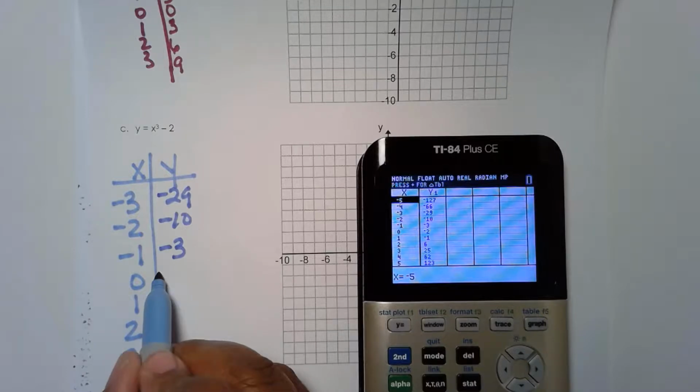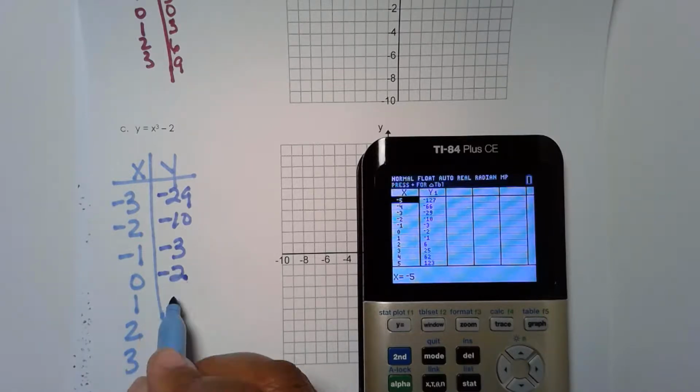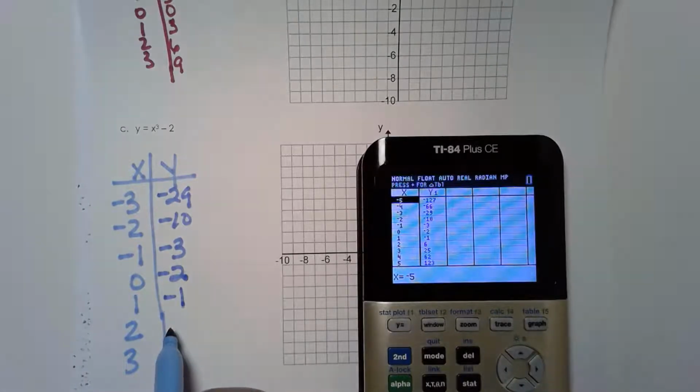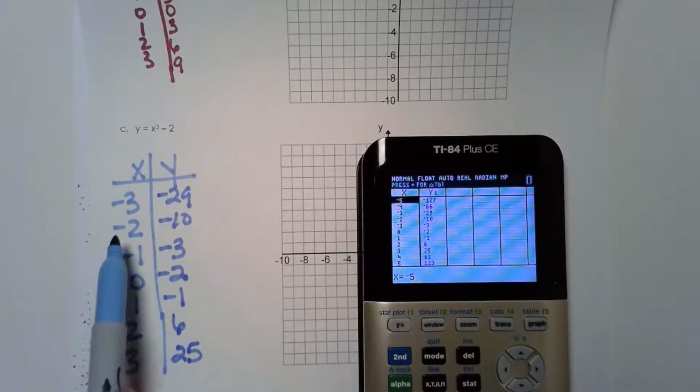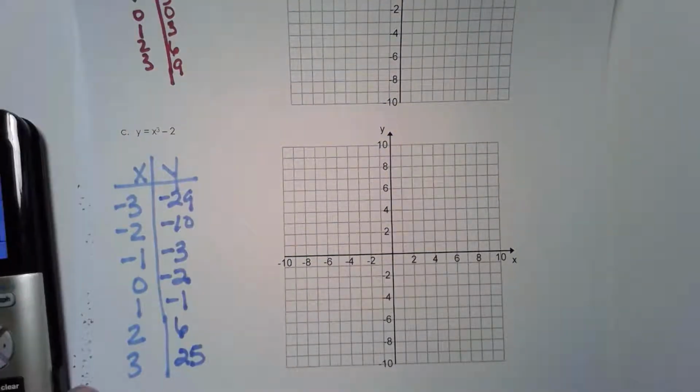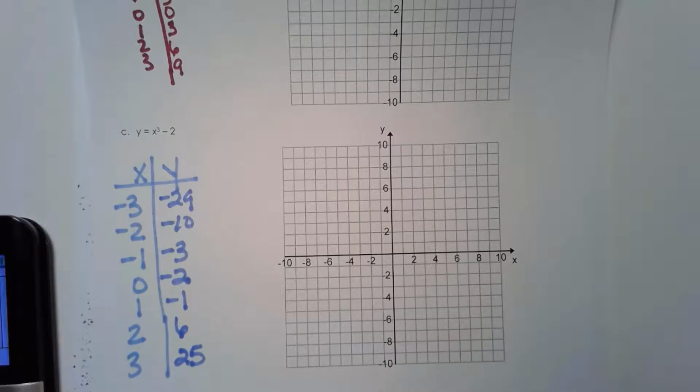At 0 is negative 2. At positive 1, we have negative 1. At positive 2, we have 6. And at 3, we have 25. So I know we're not going to be plotting points for the x coordinate of negative 3 or 3 because our table doesn't go out to negative 29 nor 25.